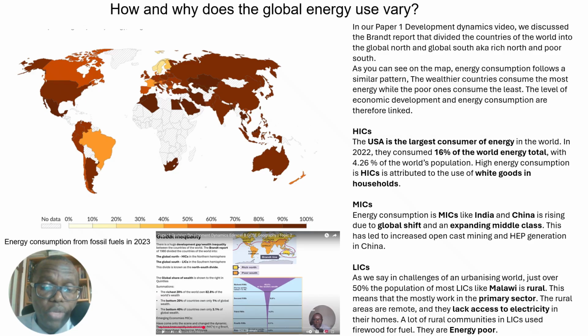A lot of rural communities in LICs use firewood for fuel, so they are referred to as being energy poor. This is why we have very low energy consumption, as you can see on this map, in a lot of countries in Africa, for example. That's because most of their communities are rural and in very remote areas where they do not even have access to electricity, so they are using very rudimentary forms of energy, such as firewood.